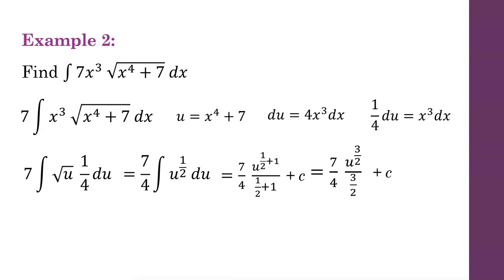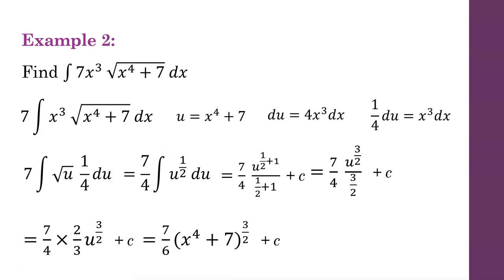Cleaning this up a little bit, 1/2 plus 1 is 3/2, so I have 7/4 times u to the 3/2 over 3/2. And the last thing I need to do is just a little bit of cleaning up. So divide by 3/2, which means we're going to multiply by the reciprocal, which is 2/3. And combine the two fractions, it can reduce a little bit, and replace my u back with its initial expression, right?